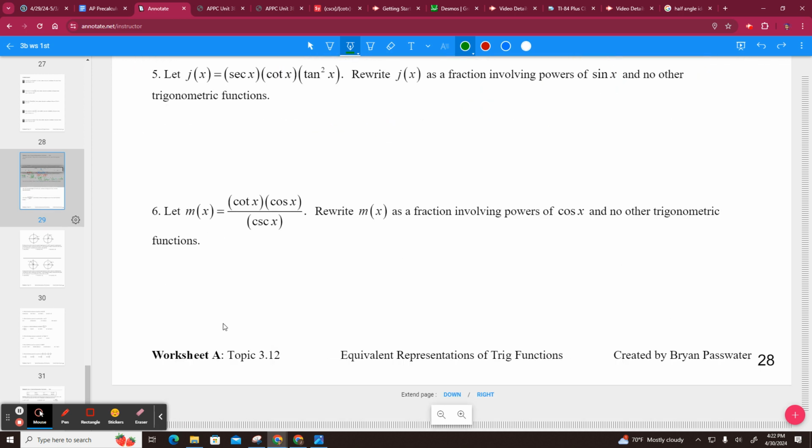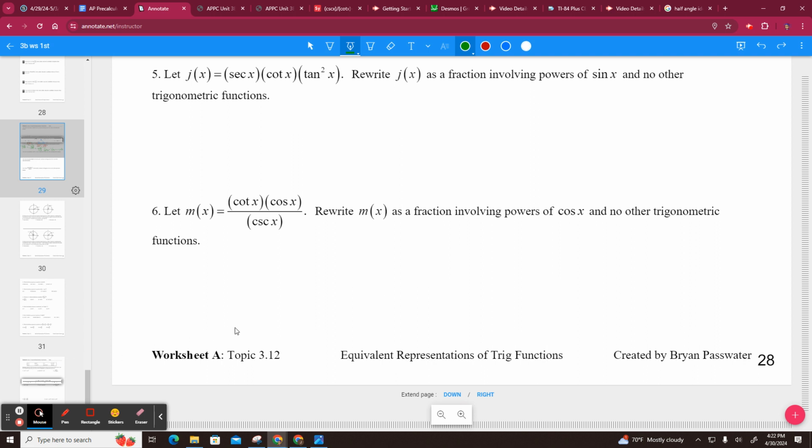Another one that might be interesting is 6. So 6, it wants it in terms of cosine, and there's no squared or anything, so I'm just going to write this whole thing in terms of sine and cosine. So I know cotangent is cosine over sine times cosine was already in parentheses. So I'm just switching to all sine and cosine. And then cosecant is 1 over sine.